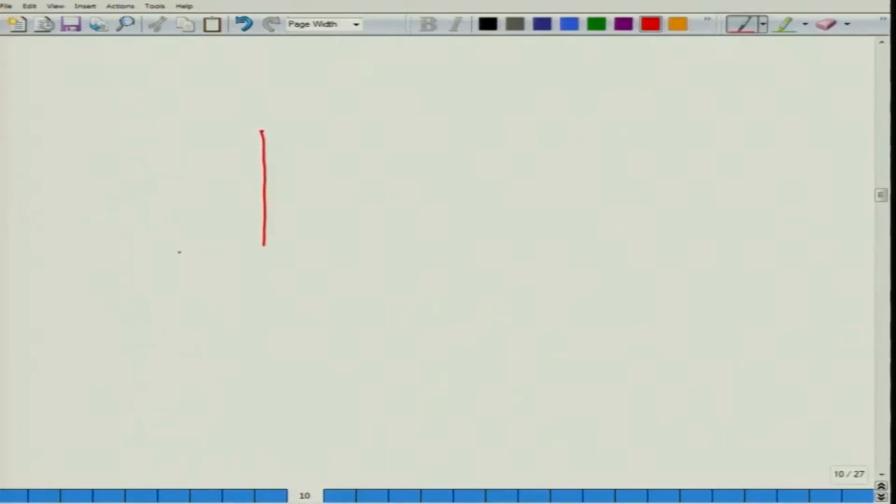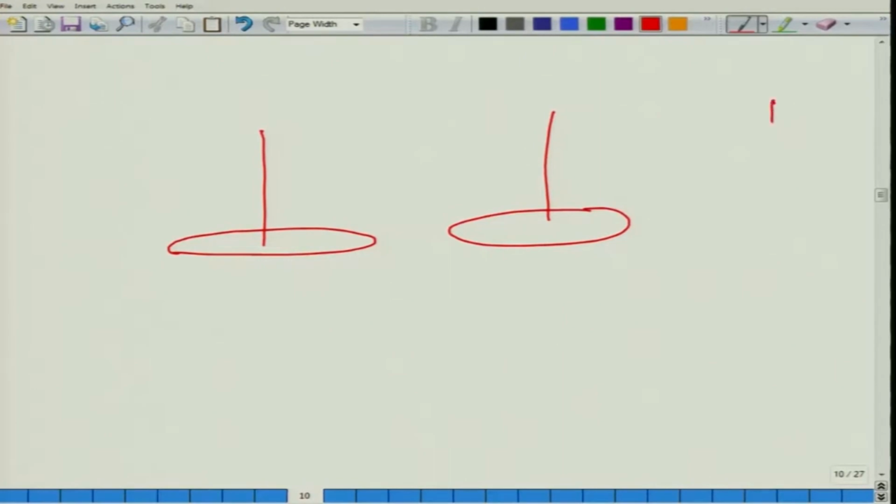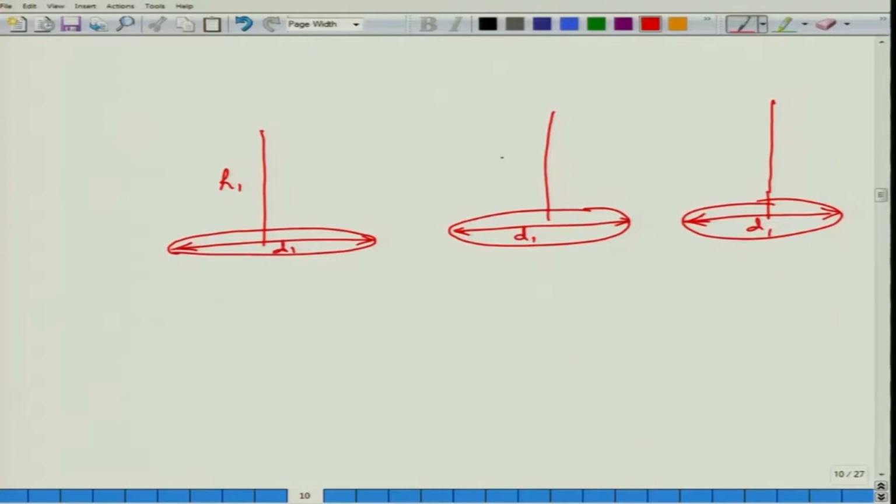So, suppose we have this base, so in all these three cases we have the same diameter d1, and the same height h1.